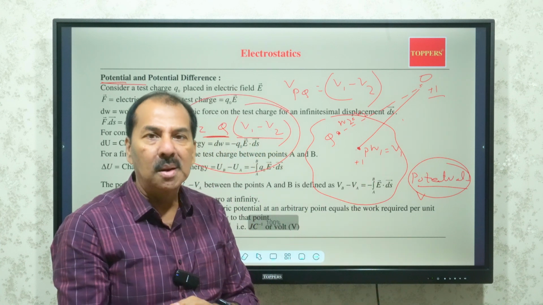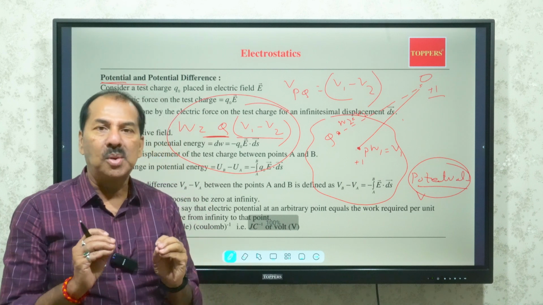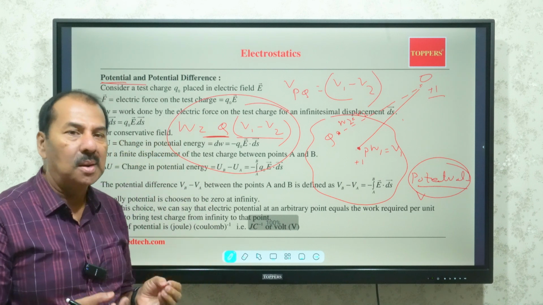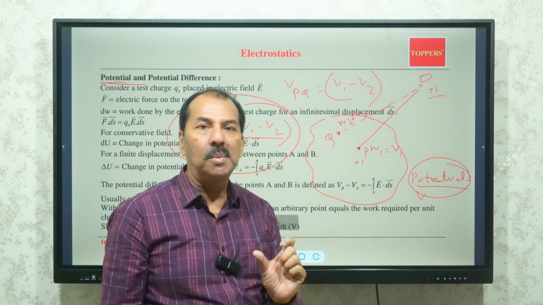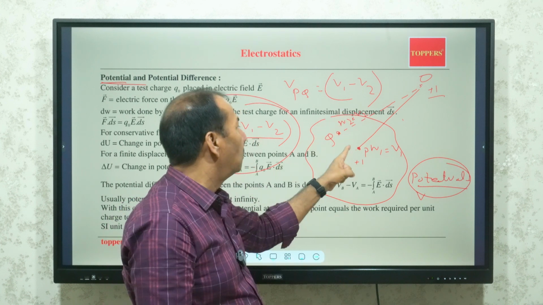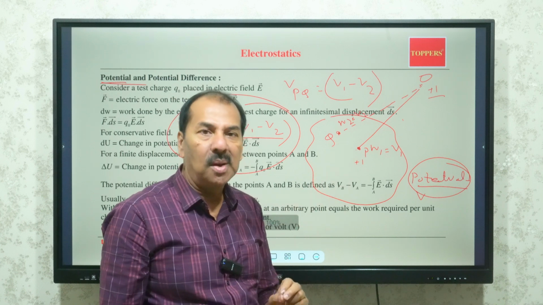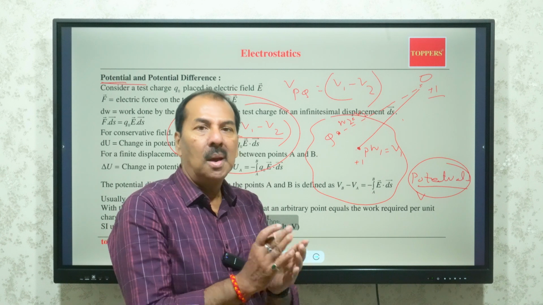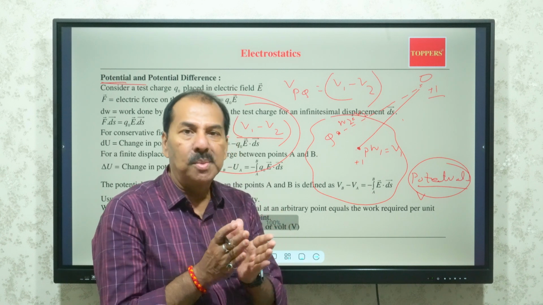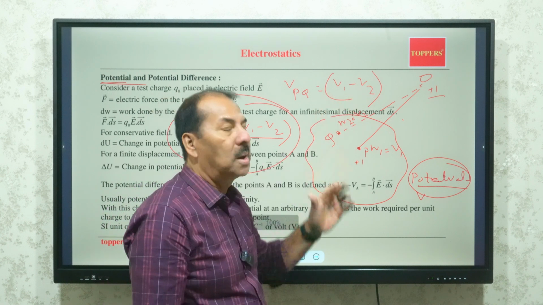So we use the absolute word potential, not potential difference. But from one point to another, that work done is termed the potential difference, because every point has its own potential. When we carry a charge from one point to another, it depends on the potential difference between those two. So it is V1 minus V2.